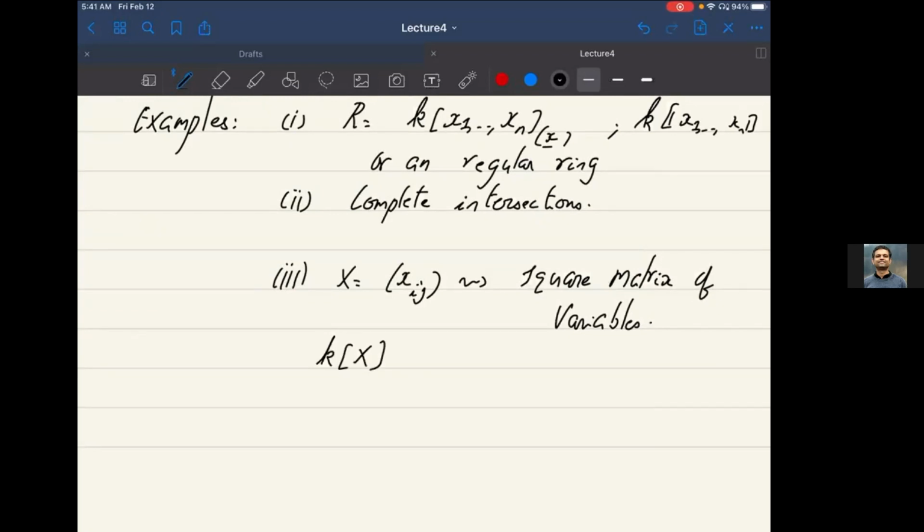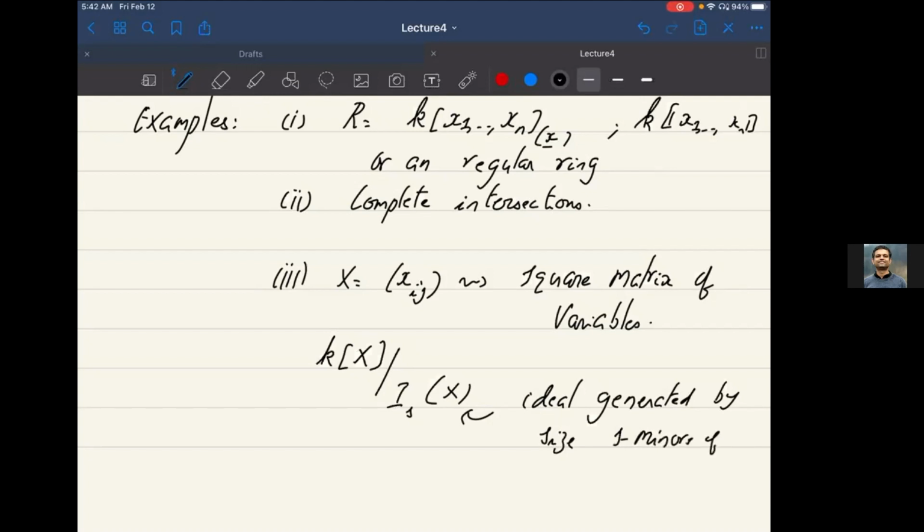This is an n squared dimensional ring in Krull dimension, and then factor out the minors of this matrix. So this is the ideal generated by the s by s minors, of size s, of X. For example, suppose this was n by n, then I_n(X) would just be the n by n minor, and that's just the determinant of X. So this is just one equation, but typically you have more, of course.